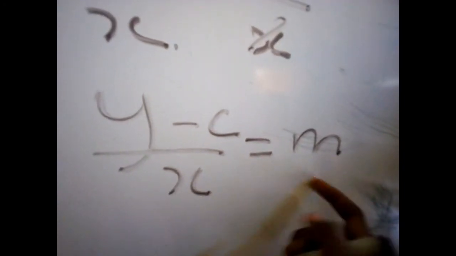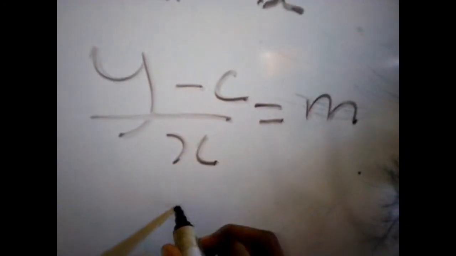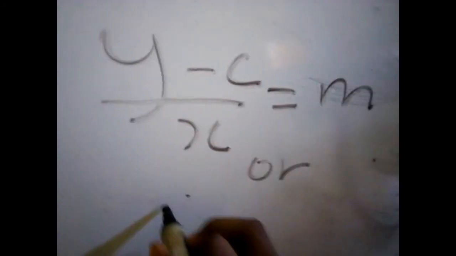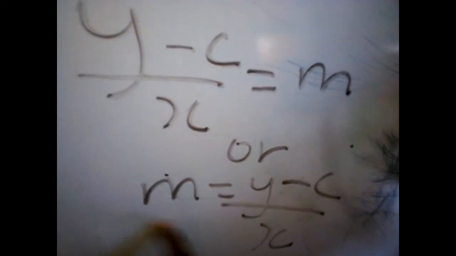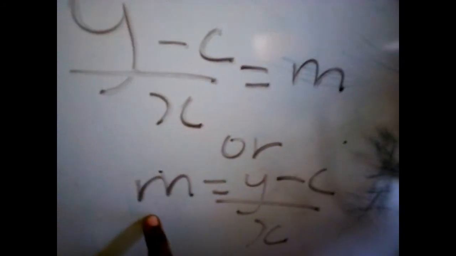So you've made m the subject. You've made m stand alone. This is the same as m equals y minus c over x. All the same, m is standing alone, and m has become the subject of this relation. So this is how to do change of subject.